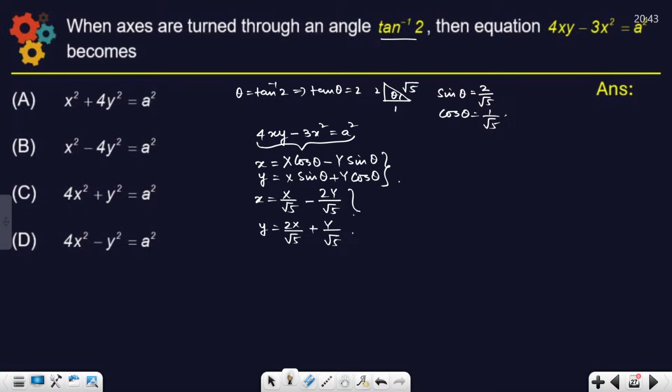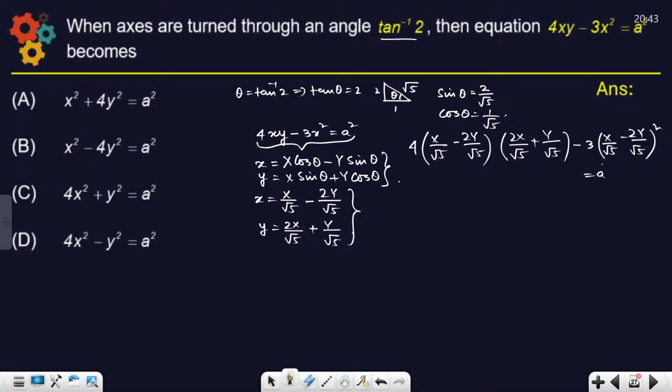Okay, so simply replace this in the given equation. So what are we getting? Now simply multiply and open the brackets.